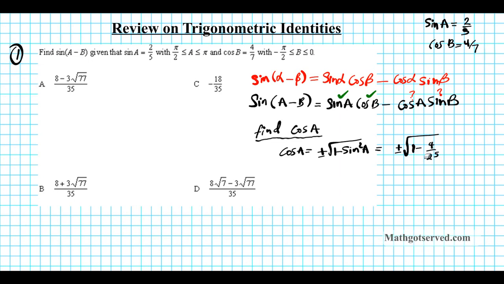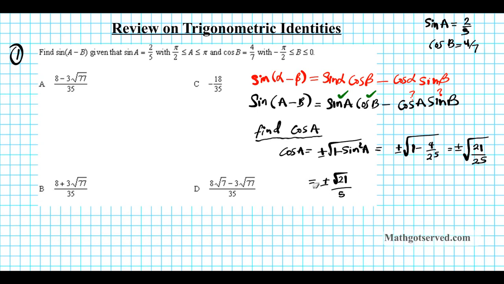If I find the LCD, I'll have 25 over 25 minus 4. So we'll have plus or minus the square root of 21 over 25, because 25 minus 4 is 21. And then we can simplify that further into plus or minus root 21 over 5.